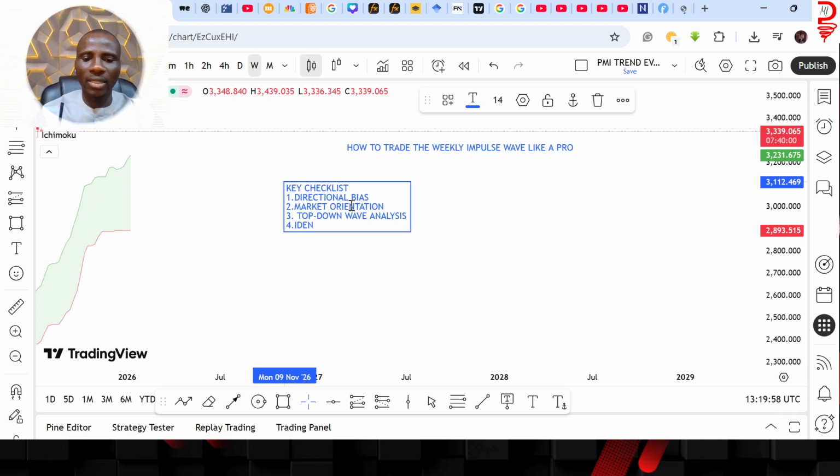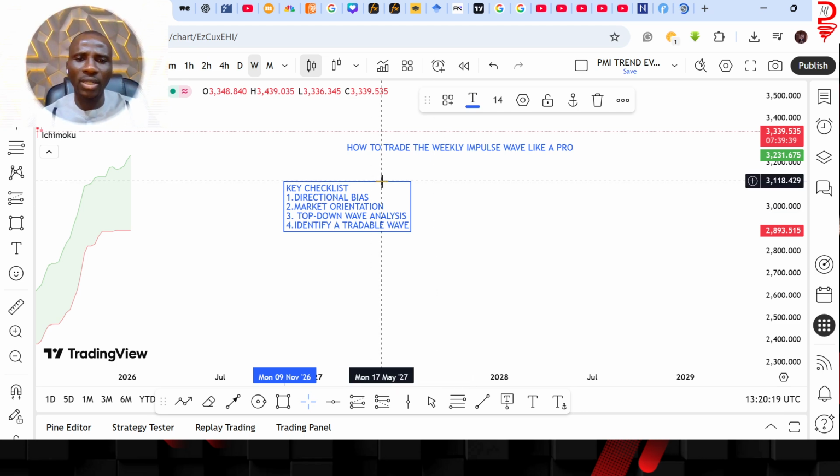Identify a tradable wave. Once you identify a weekly wave to be your tradable wave, you dive deep into the weekly analysis. Now, how to trade the impulse wave, that is the weekly impulse wave. I'm going to be showing you very quickly.